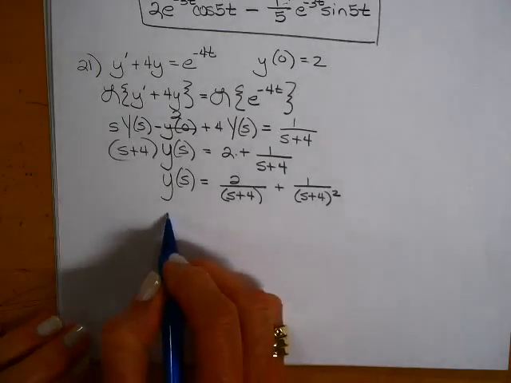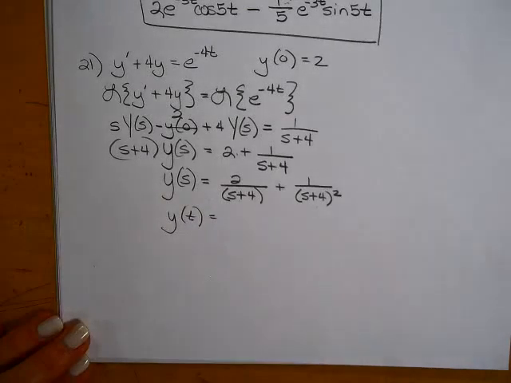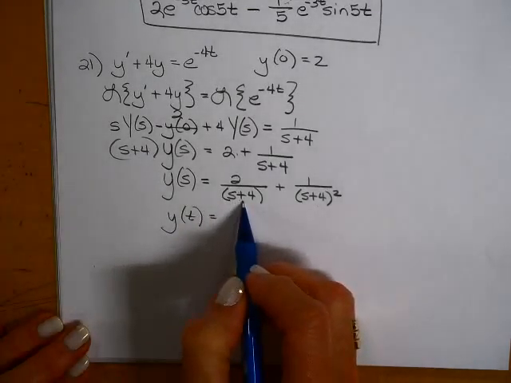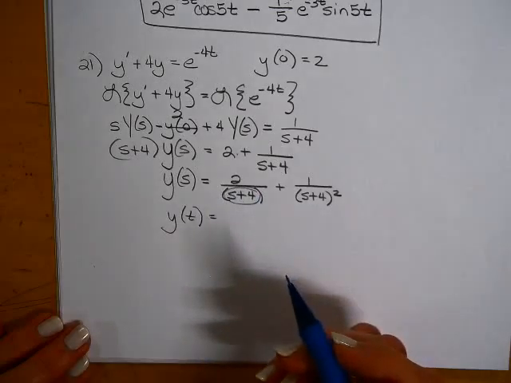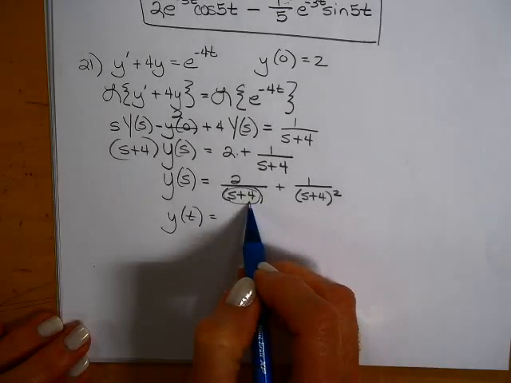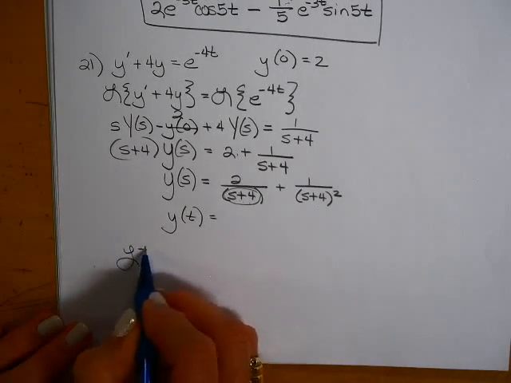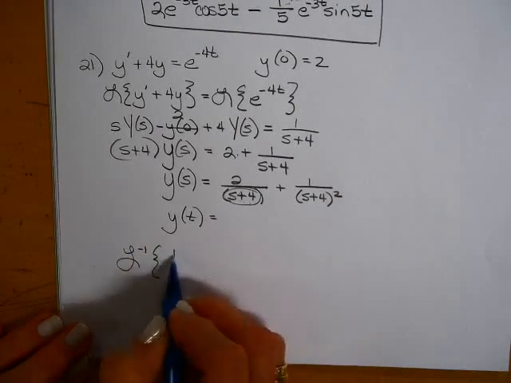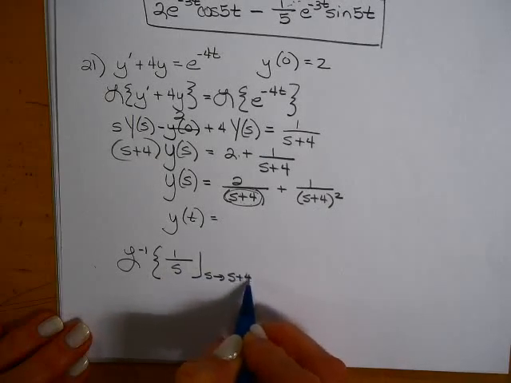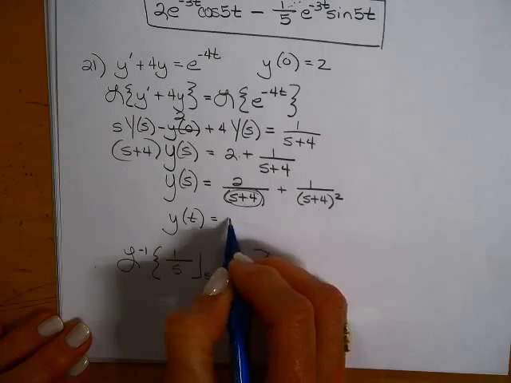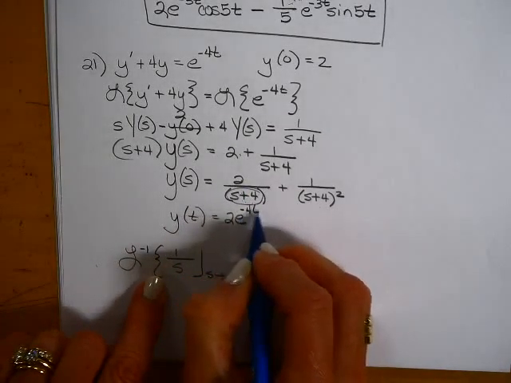All right, so inverse Laplace transform gives me y of t. The inverse Laplace transform of this one, s plus 4, that is a shift. You're essentially doing the inverse Laplace transform of 1 over s where you shift s to s plus 4. So that's the 2 e to the negative 4t.